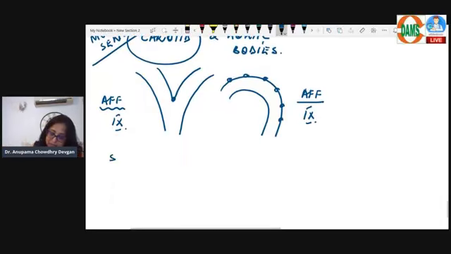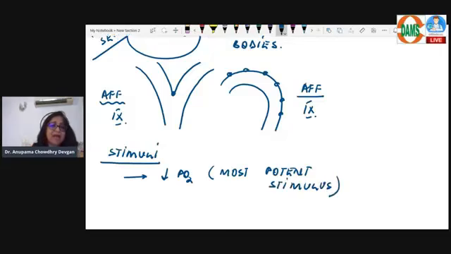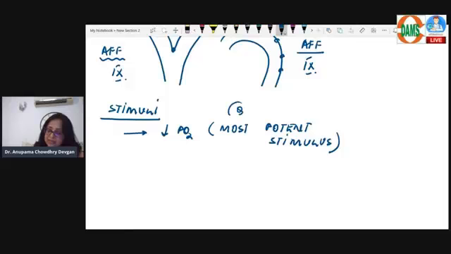Now, what are the stimuli for the carotid and the aortic bodies? Decrease in PO2, hypoxia. This is the most potent stimulus for the peripheral chemoreceptors. When do you say hypoxia?